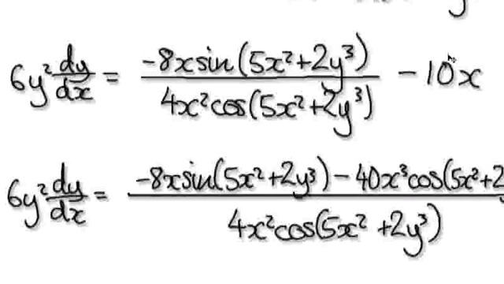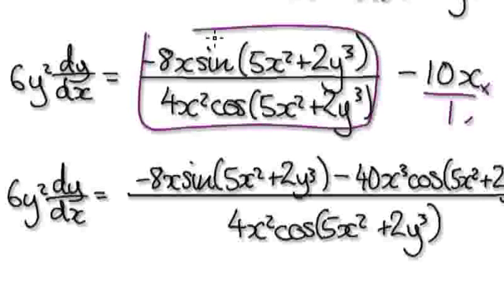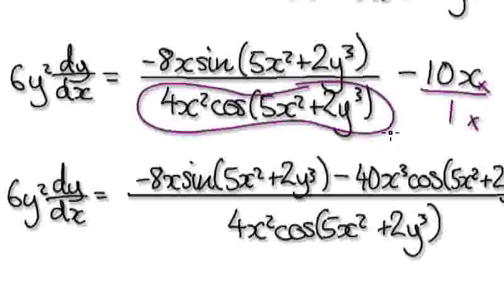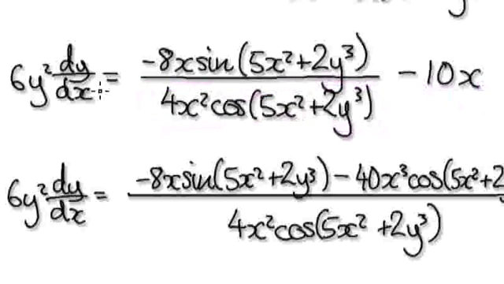So now let's merge these two together. Turn this into a fraction. We want to merge this with this, but the way we do that is to get the two denominators to be the same. So imagine it as 10x over 1. Now multiply top and bottom by this whole thing, and then we can merge the two together.